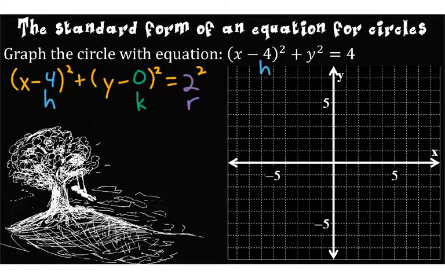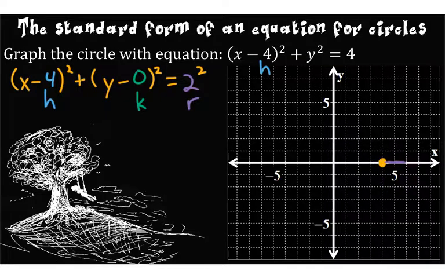So x minus 4, so my h is 4, and my k is 0, so my center of the circle is going to be right there. That's going to be the center. And the radius is 2, so I can see my radius is right there. Usually a good way to do this is to think about 2 units in each direction, up, down, left, and right from the center.